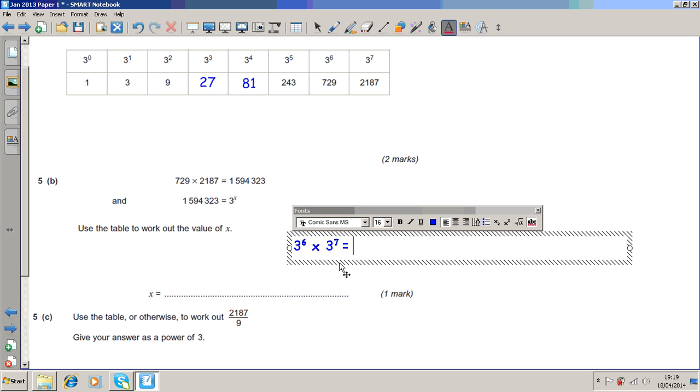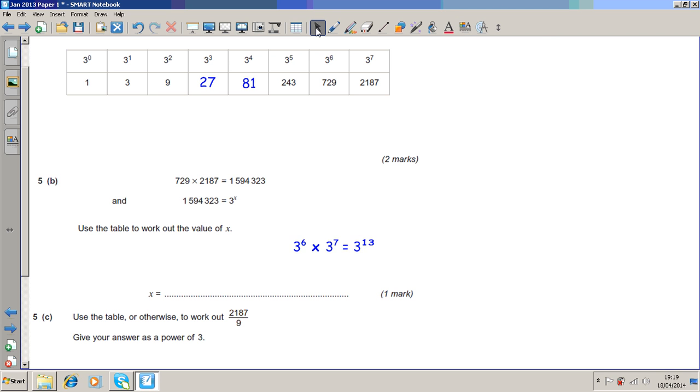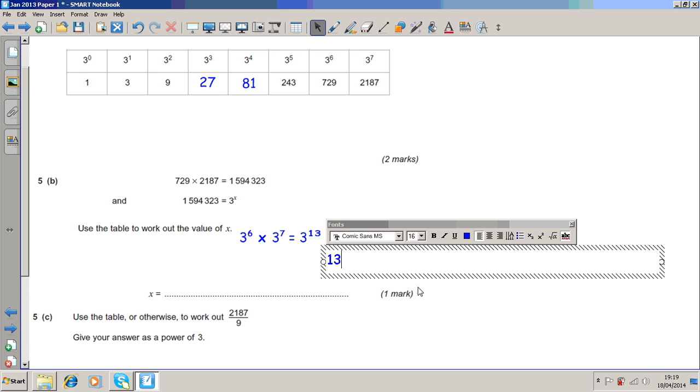And whenever we are multiplying the powers, we add the little numbers together. So 6 add 7 is 13. Okay, so this number here is 3 to the power of 13. x has to be 13.